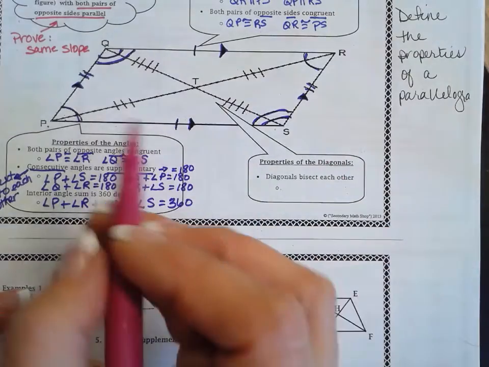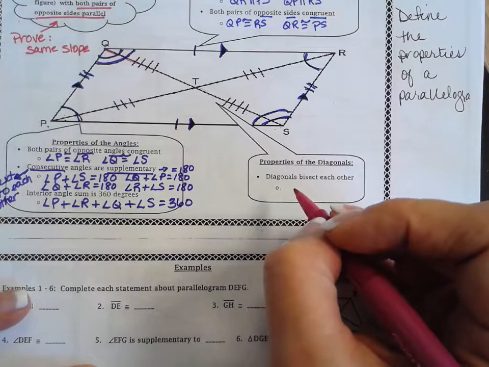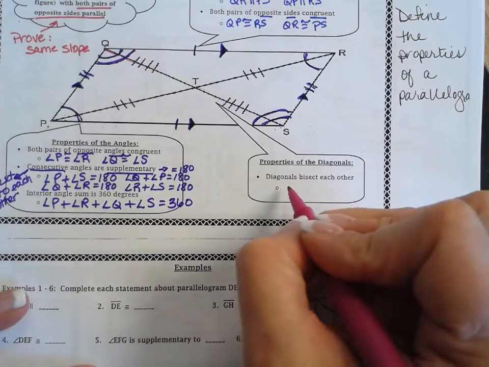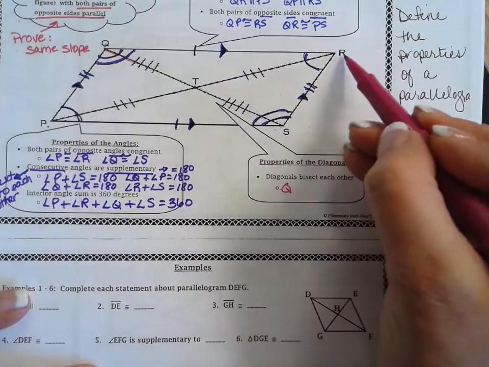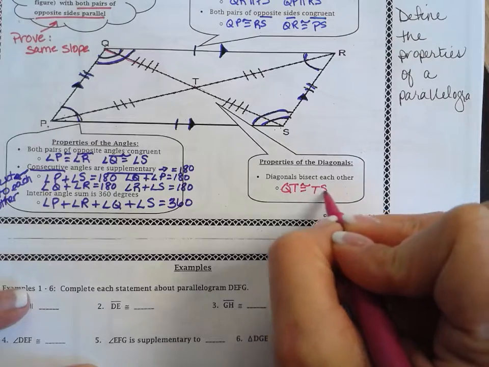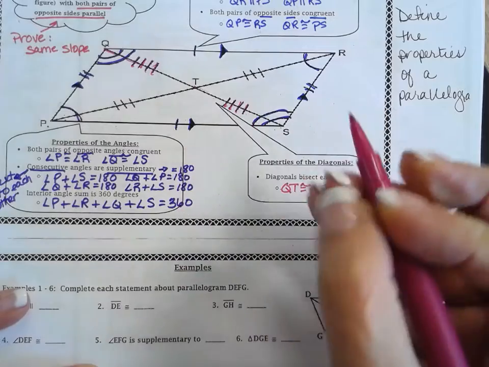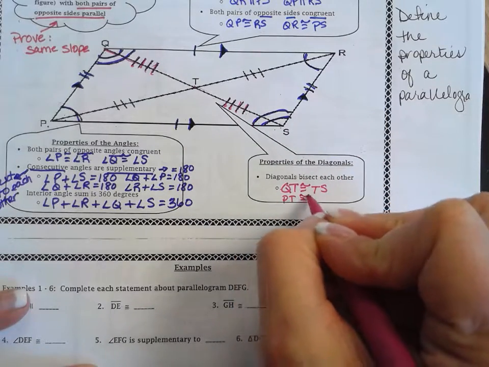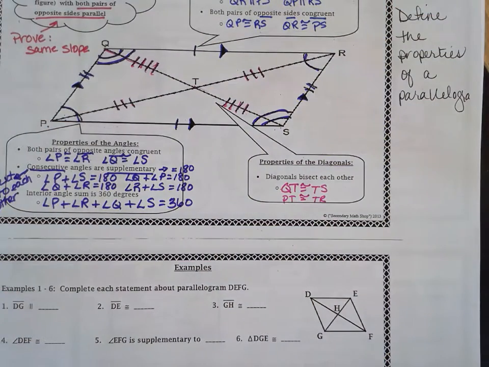So that means that I have QS, and T is where it bisects with PR, so QT is going to be congruent to TS, and PT is going to be congruent to TR. Okay?